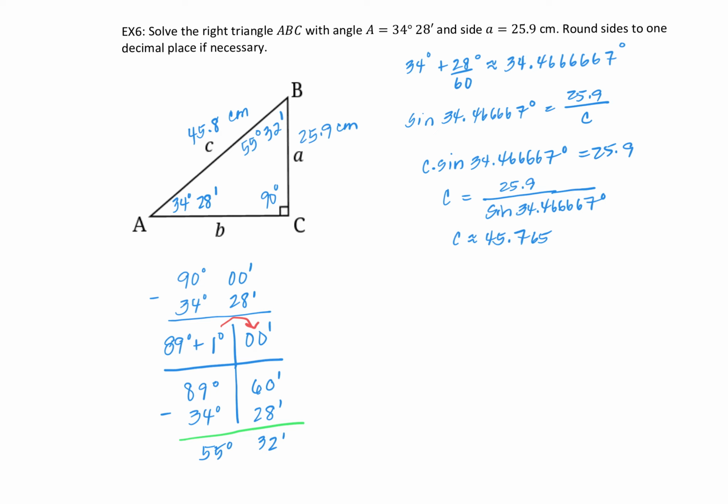Or I could try another trig function. Since I'm looking for the side adjacent and I have the hypotenuse, I could try cosine of 34.4666667 degrees. Cosine of A is the adjacent, which I don't have, over my 45.8.